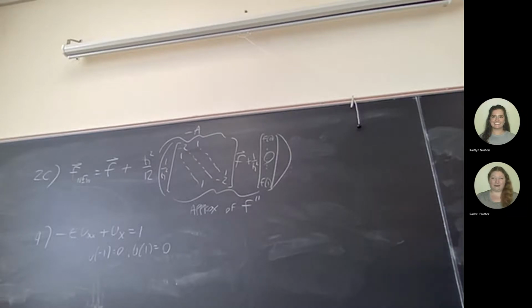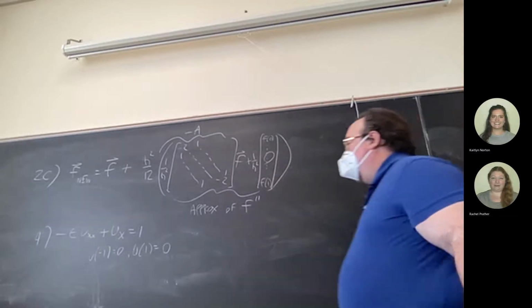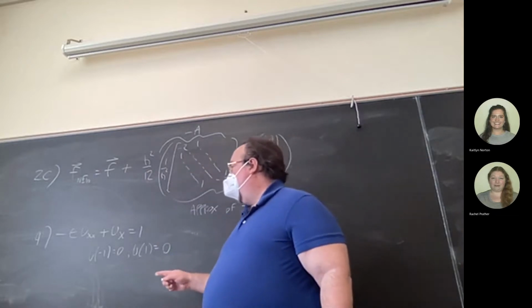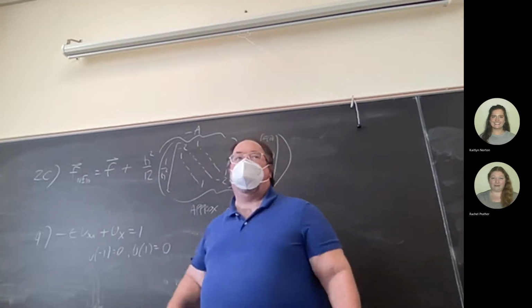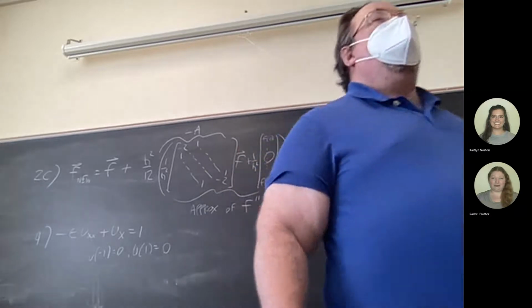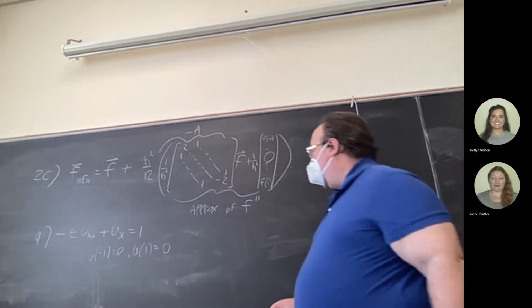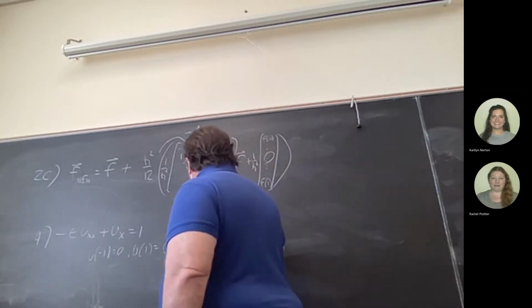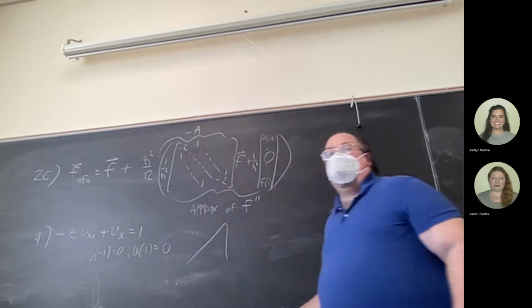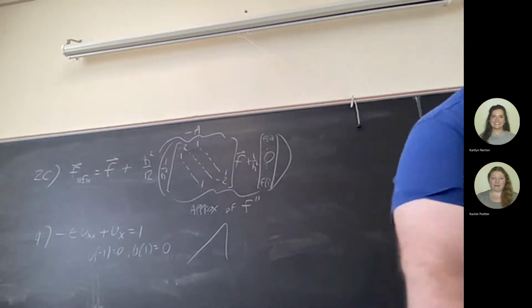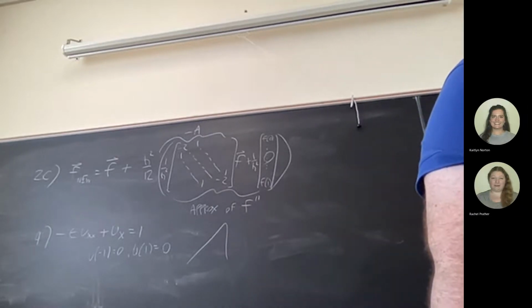So it's a solution having a slope of 1, and at the left endpoint it'll start at 0. But because of this boundary condition, there'll be a sharp drop-off back to 0 at the right side. And that's a difficult solution to compute using these finite difference or spectral methods.